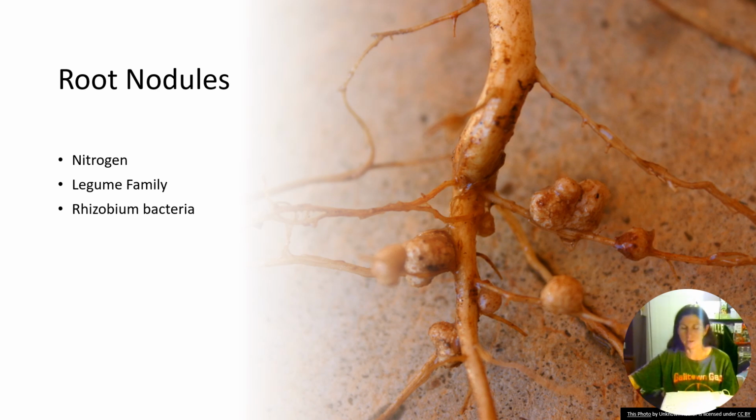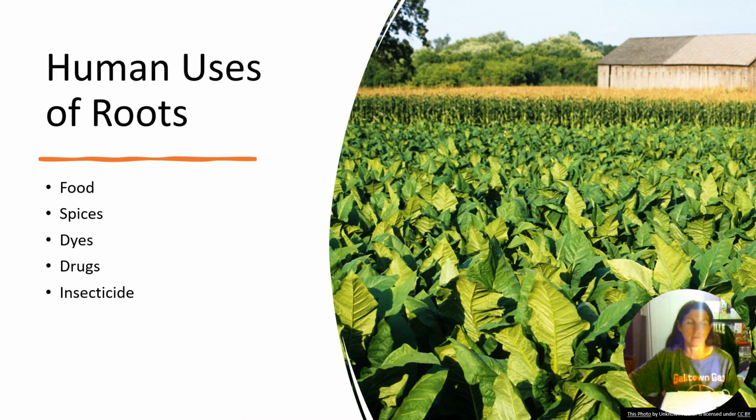And this bacteria causes the formation of those nodules and allows those plants to convert that nitrogen. So humans have been able to utilize plants for thousands of years in terms of food, obviously different spices, dyes, drugs, and insecticide.